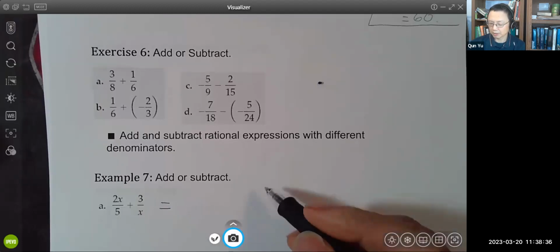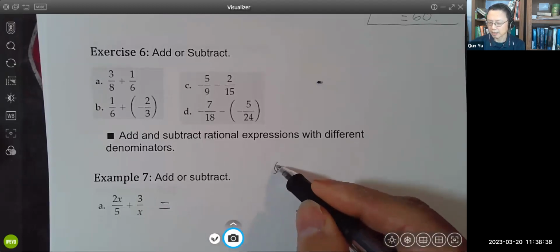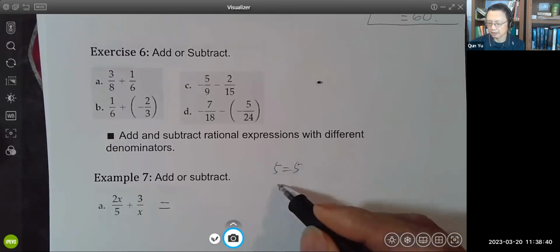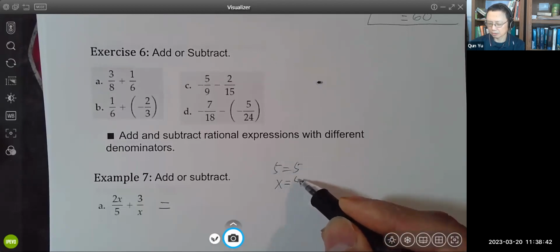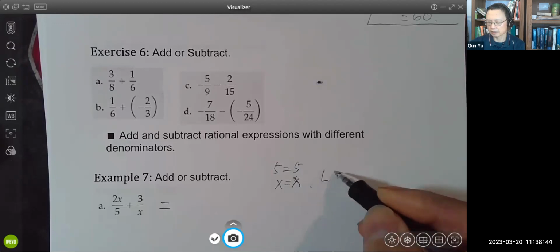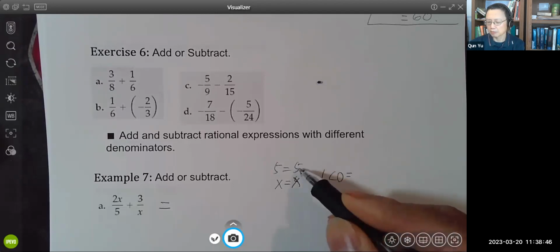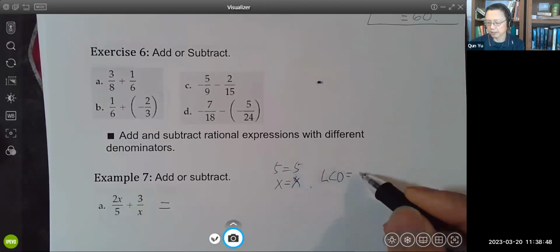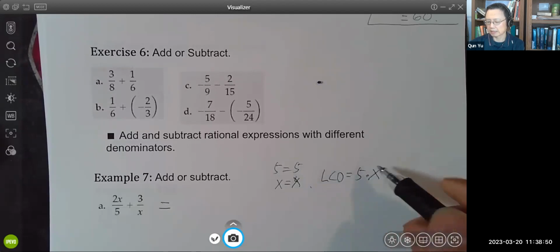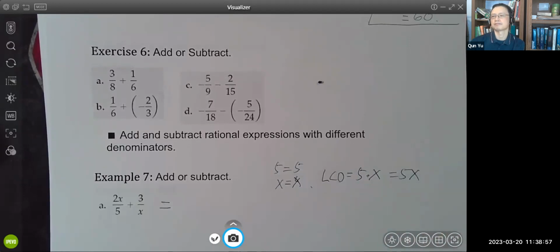So we use the second method, factoring each one. 5 can only be factored into 5. x can only be factored into x. Guess what? For the LCD, you list each factor and take the highest exponent for each. We just have 1 for each. So our LCD is 5x.